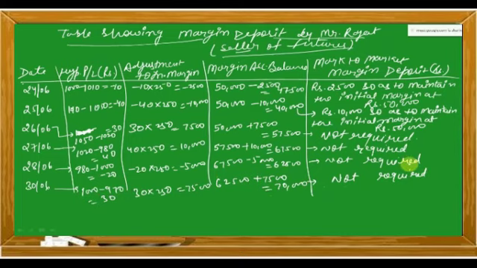This is how the mark to market margin calculations are done. All these are system generated. This is the manual calculation we have done for understanding the concept. I think you have now understood how this margin is calculated, and it has to be maintained by both the parties.